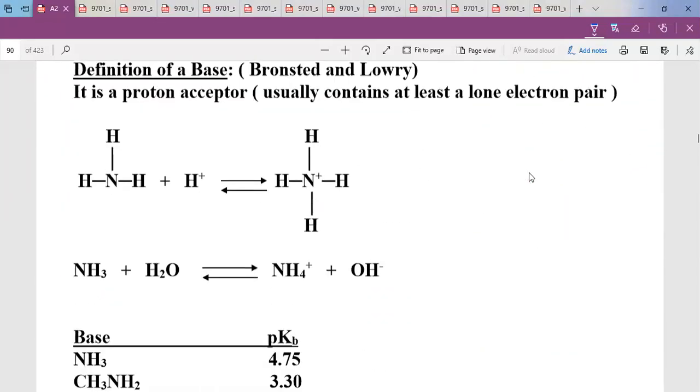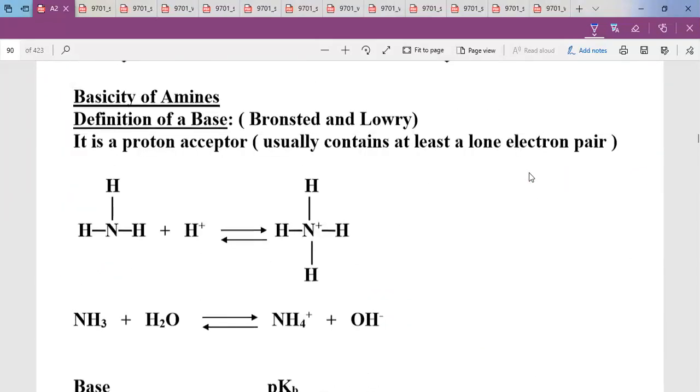Right. So here we have, now remember, what's the base? Brønsted-Lowry, it's a proton acceptor. Why is it a proton acceptor? Because nitrogen here has got 3 bonds, so there's a lone pair here. Why a lone pair? Because this is group 5: 1, 2, 3, 4, and 5.